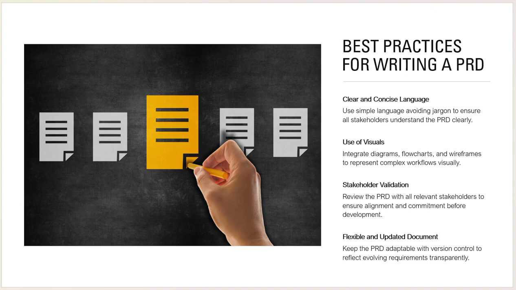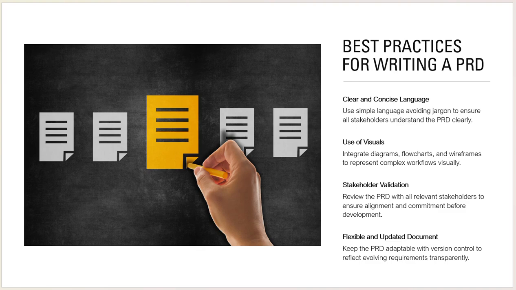To create an effective product requirement document, a product manager should follow several best practices. First, keep the document clear and concise, avoiding unnecessary jargon or overly technical language that might confuse a non-technical stakeholder.